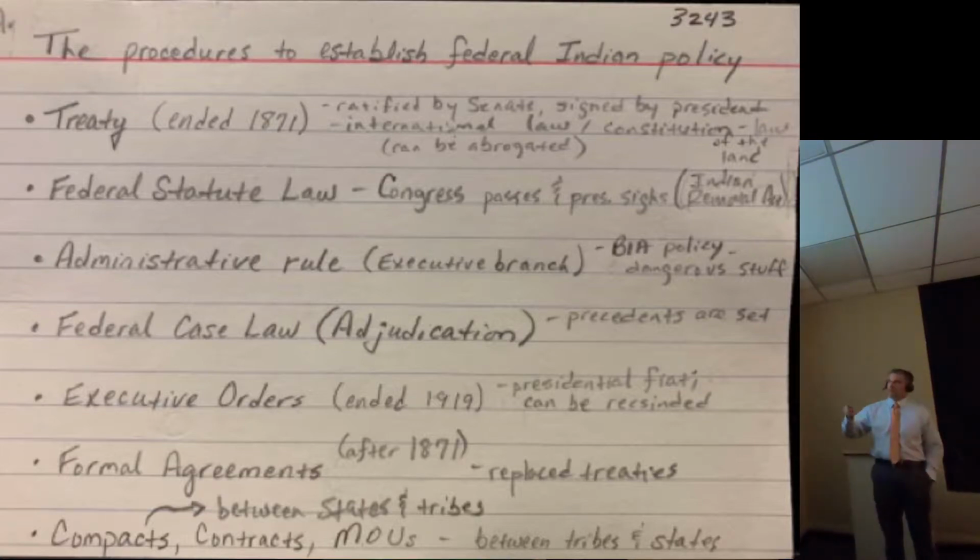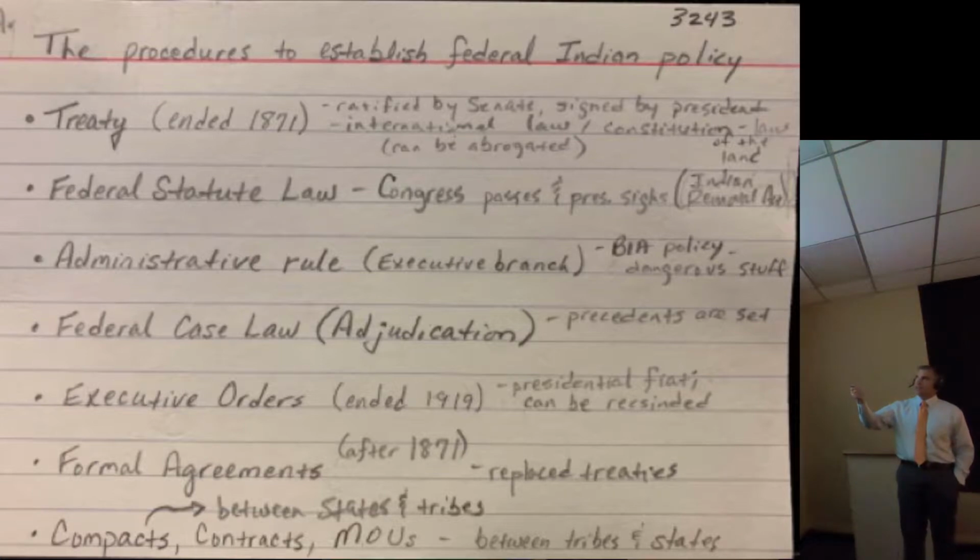The treaty process would go on throughout the end of the 18th century, after independence, after 1783, formal identification of the United States as a sovereign independent state, all the way until 1871. And in 1871, the United States Congress decided that there would be no more treaties made with Indian tribes.